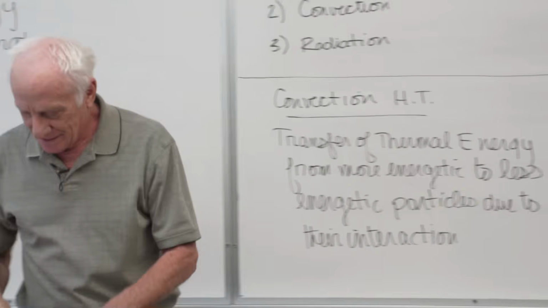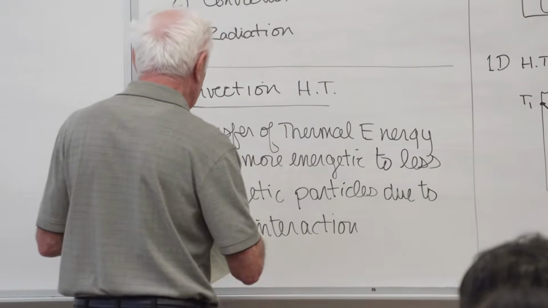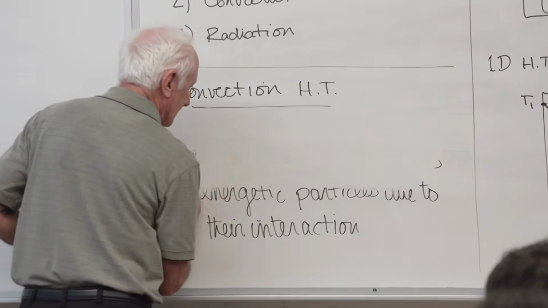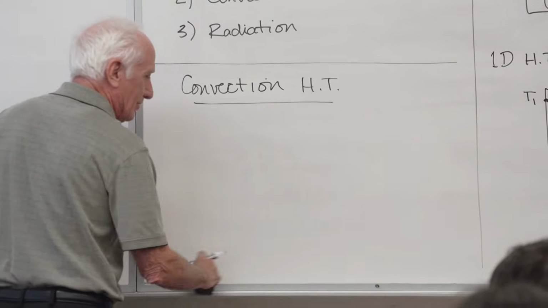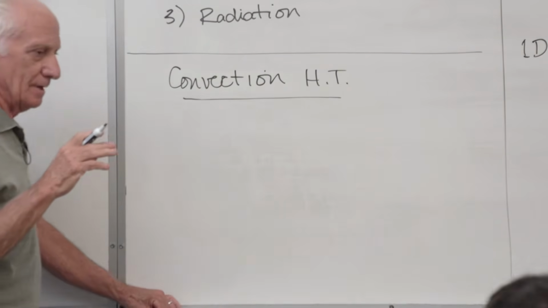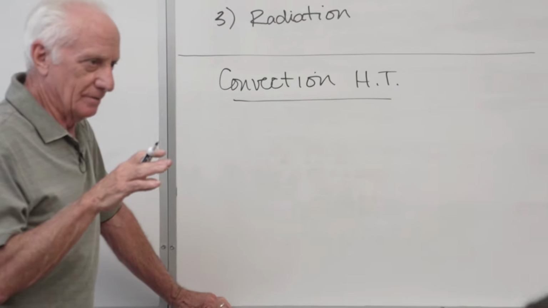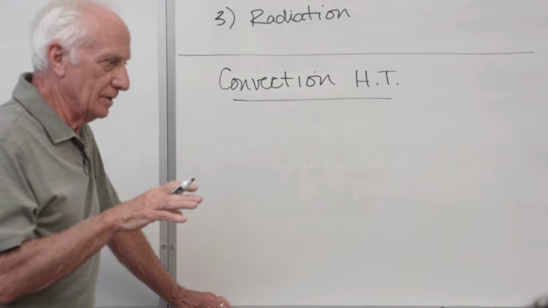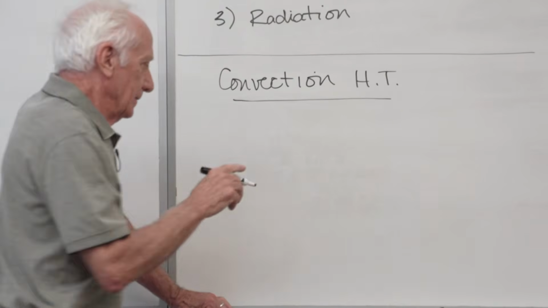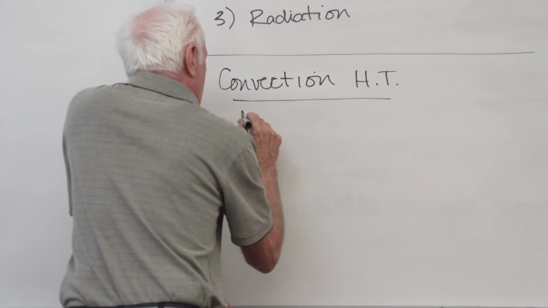If you go back to your background in fluid mechanics, by the way, in order for there to be convection, there's a fluid flowing over a surface. That's fluid mechanics, so we go back to fluid mechanics.